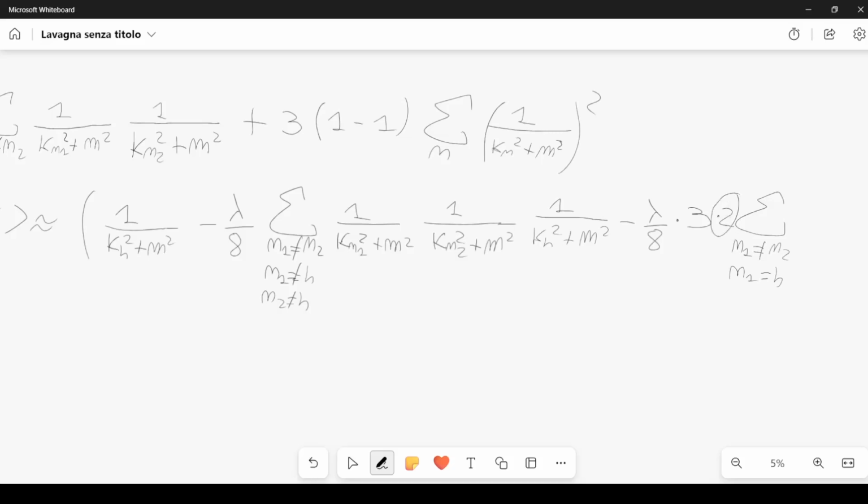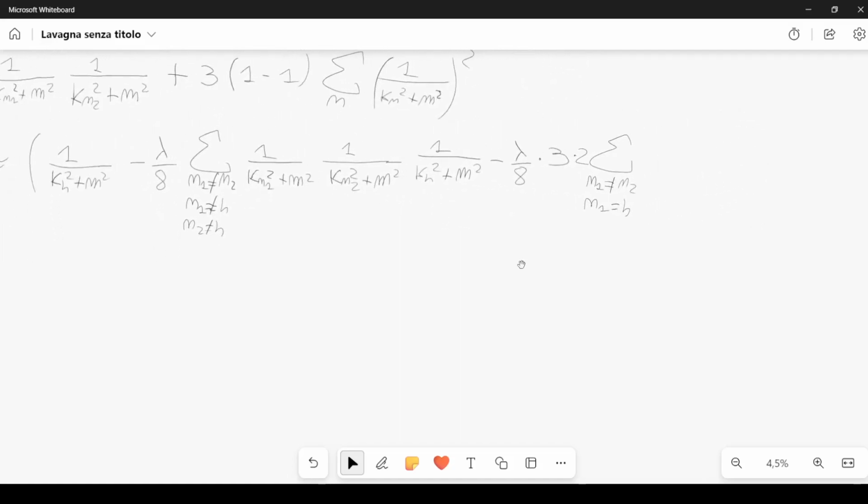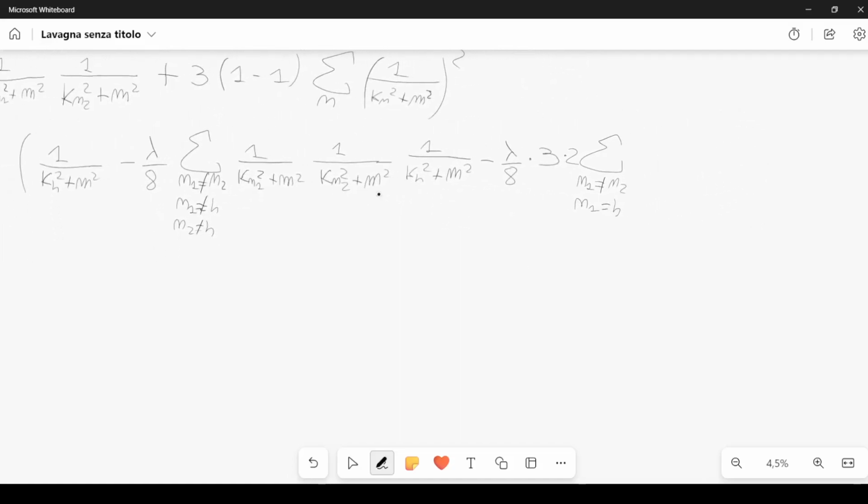So this factor of 2 covers also the possibility that n1 is not equal to n2 and n2 is equal to h, so I don't have to write the same summation. This summation will give exactly the same result as this. Therefore, that's why I'm putting the factor of 2 here. So you just have to think about it. It is less complicated than it seems.